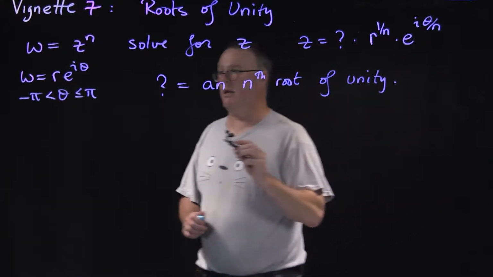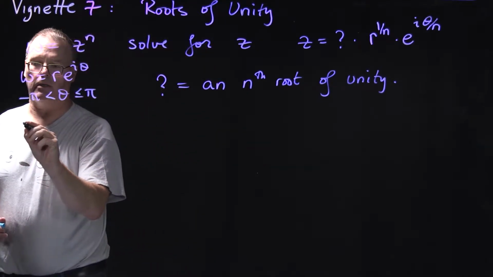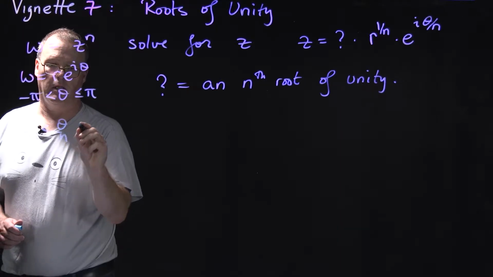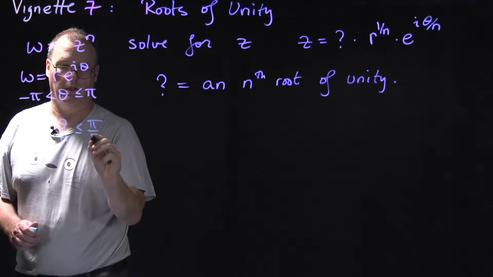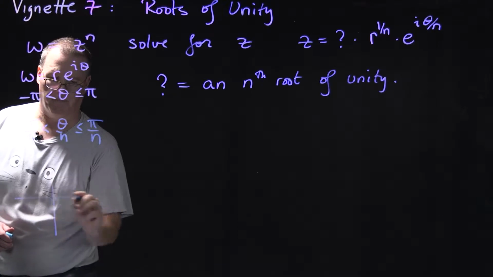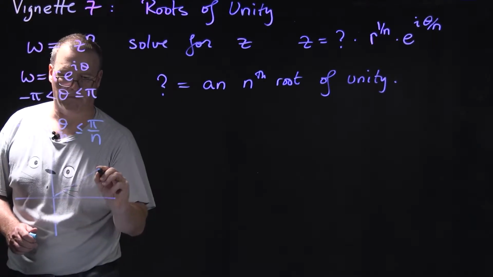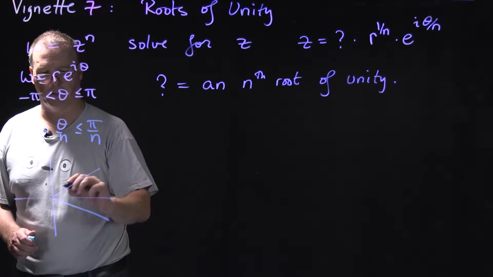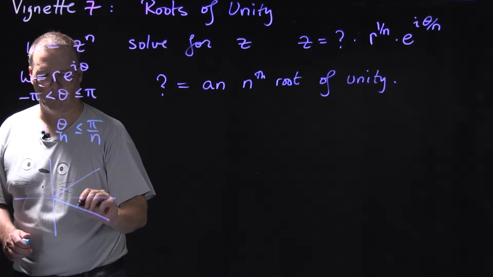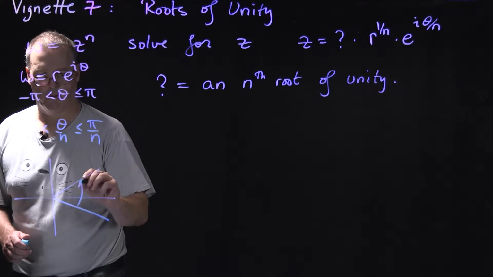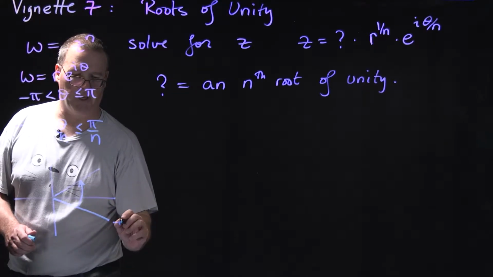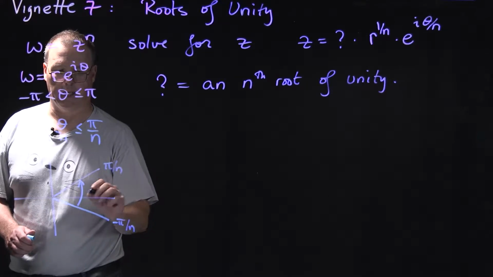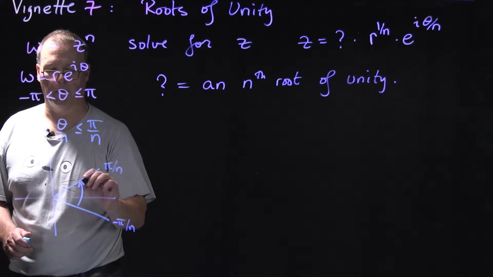So theta over n then is somewhere in the sector minus pi over n is less than theta over n, less than or equal to pi over n. So just drawing that, this sector is from minus pi over n up to pi over n, and it includes the top one.